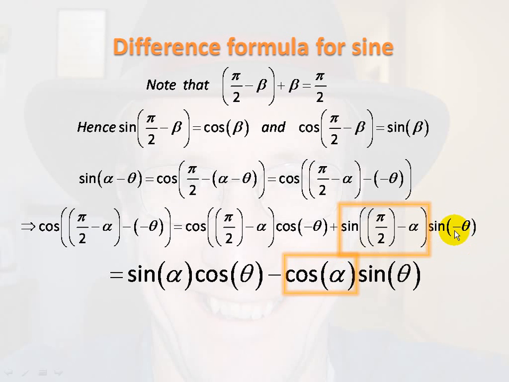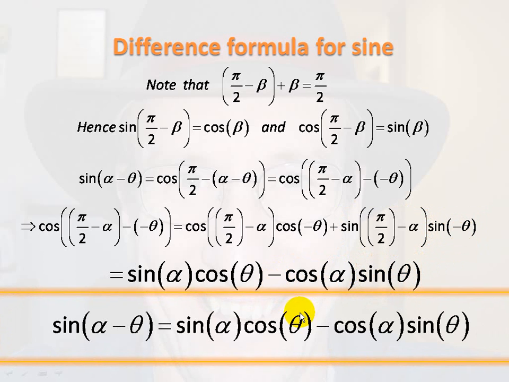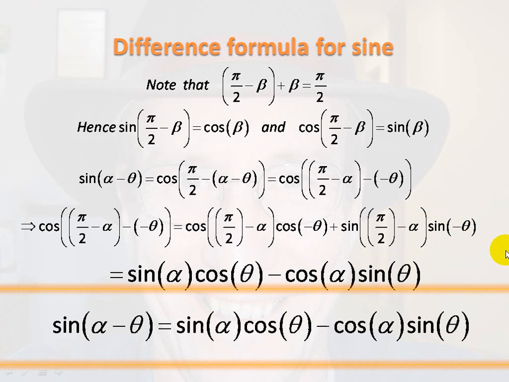And finally, the sine of negative theta, I've rewritten as sine theta, but I've changed the sign of the term in general. So what we have now is our first formula involving sine, the difference formula. Sine of alpha minus theta equals sine alpha cosine theta minus cosine alpha sine theta.